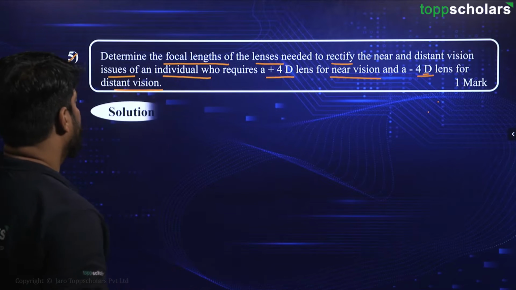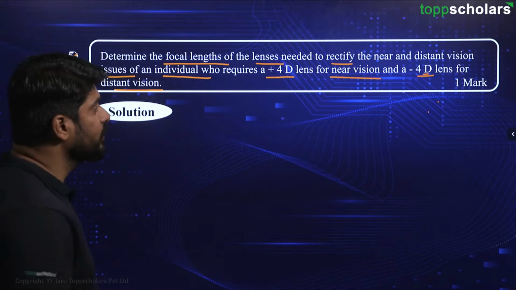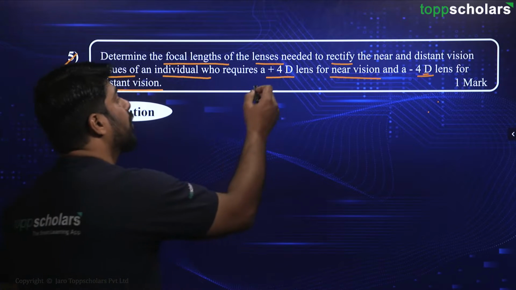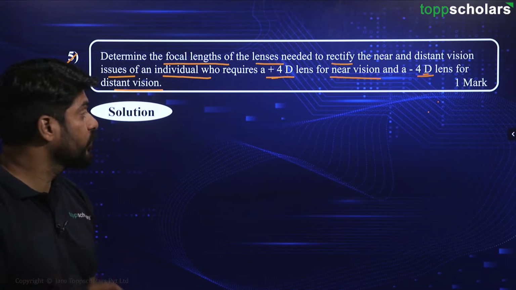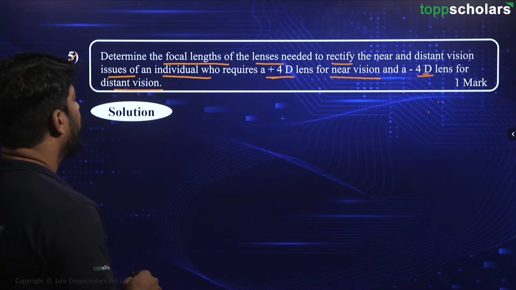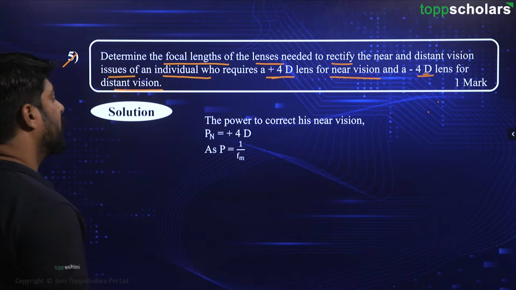Let's look at the solution for this. The case is very simple: an individual requires a +4 diopter lens for near vision and a -4 diopter lens for distant vision. We have to find out the associated focal lengths. So it is very simple.